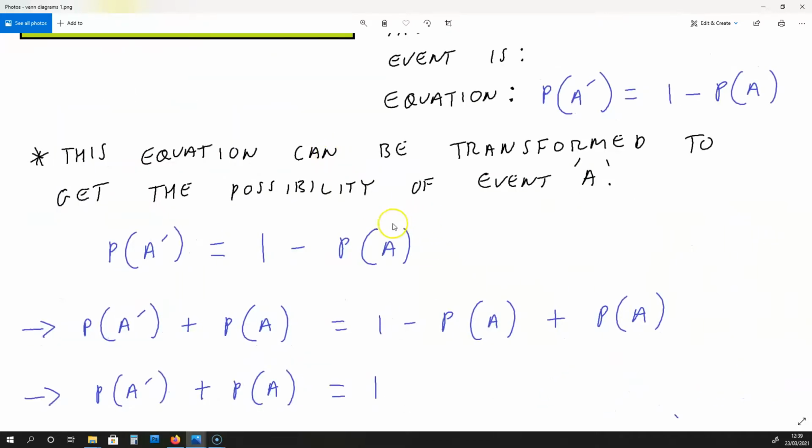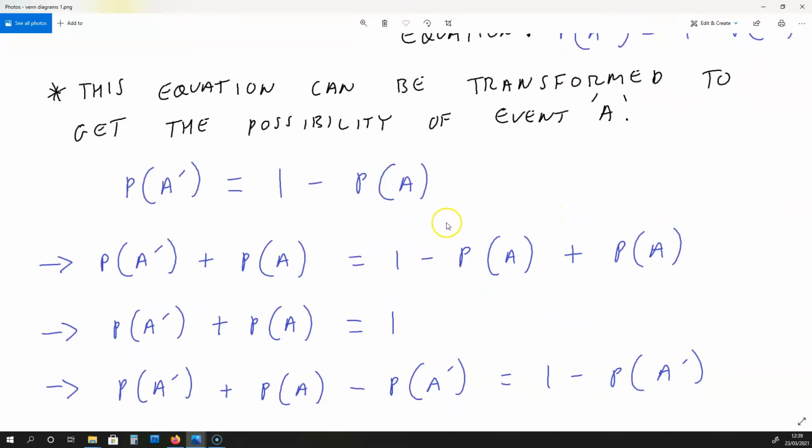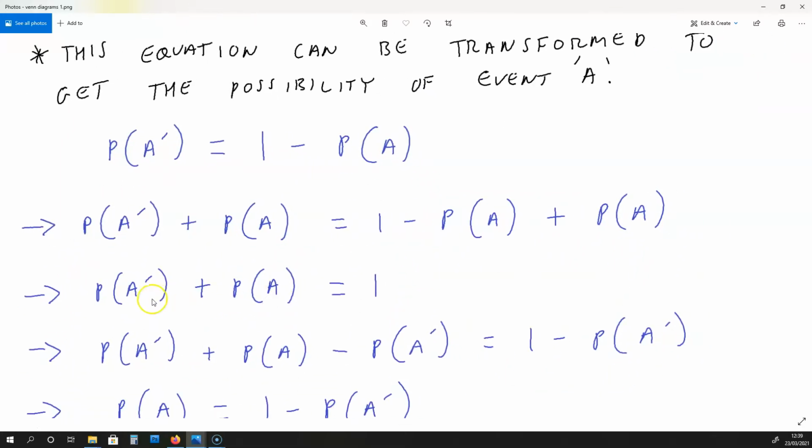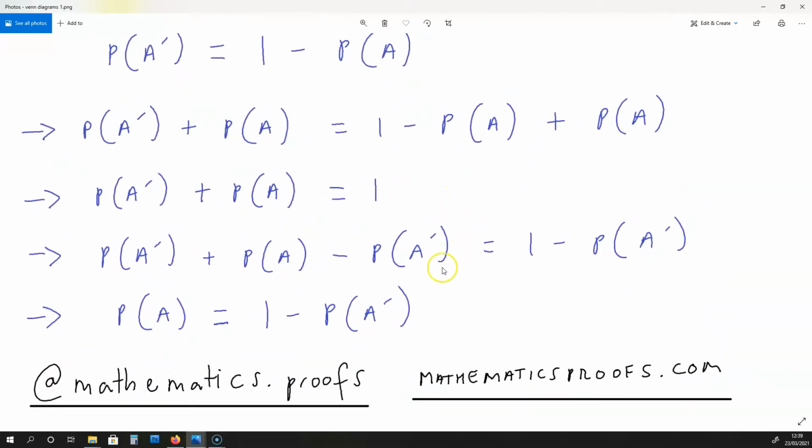Alright? Now this equation over here can be transformed to get the probability of event A. So if we add the probability of A to both sides of this equation, we get the probability of not A plus the probability of A is equal to 1.